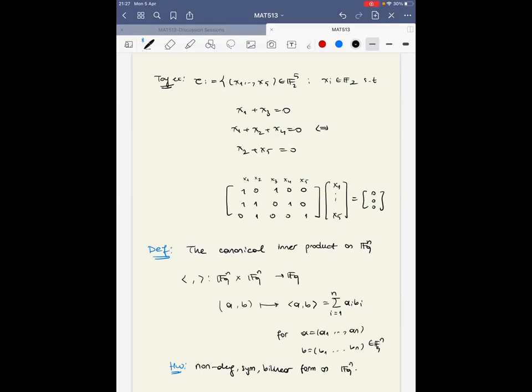And in the literature, you can also see various extensions and generalizations of this kind of inner product, or this kind of non-degenerate, symmetric, bilinear form. But in this course, mainly we will consider the canonical inner product on F_q to the n. Even though it seems similar to the canonical inner product on the real numbers, it behaves differently in some sense.